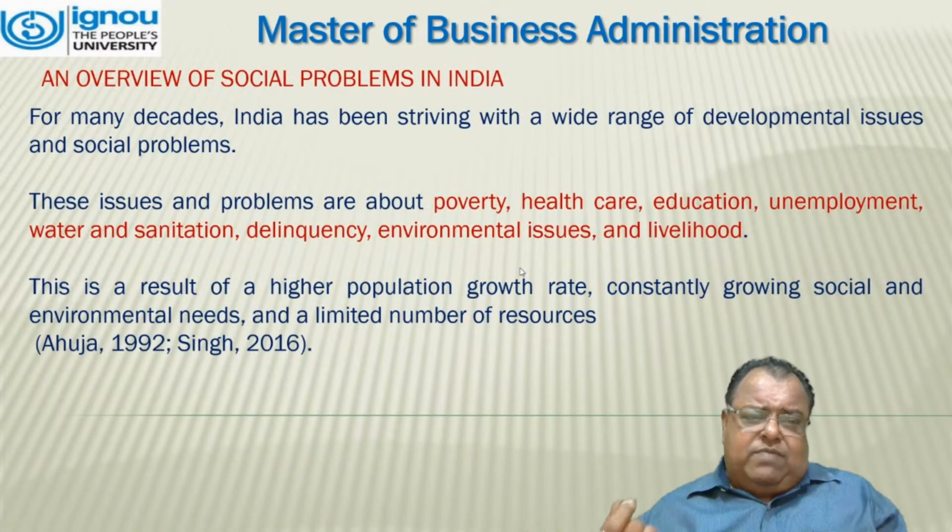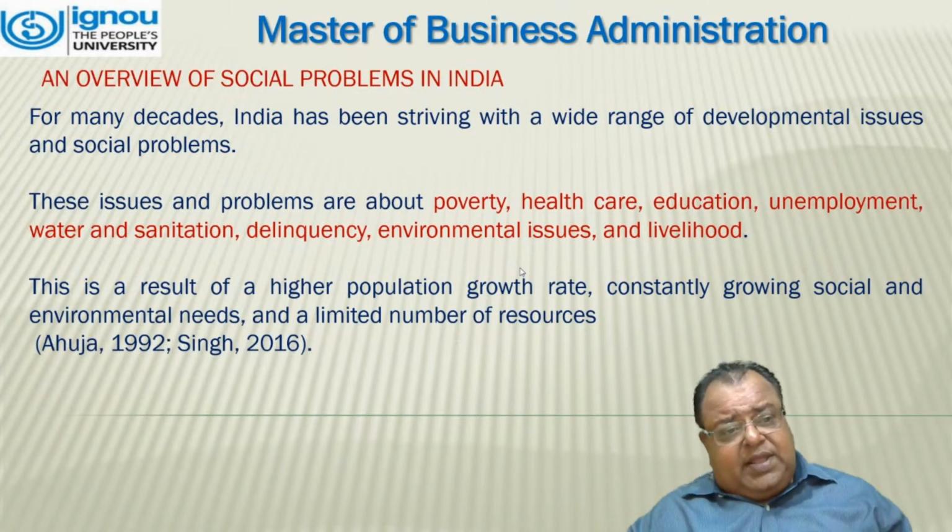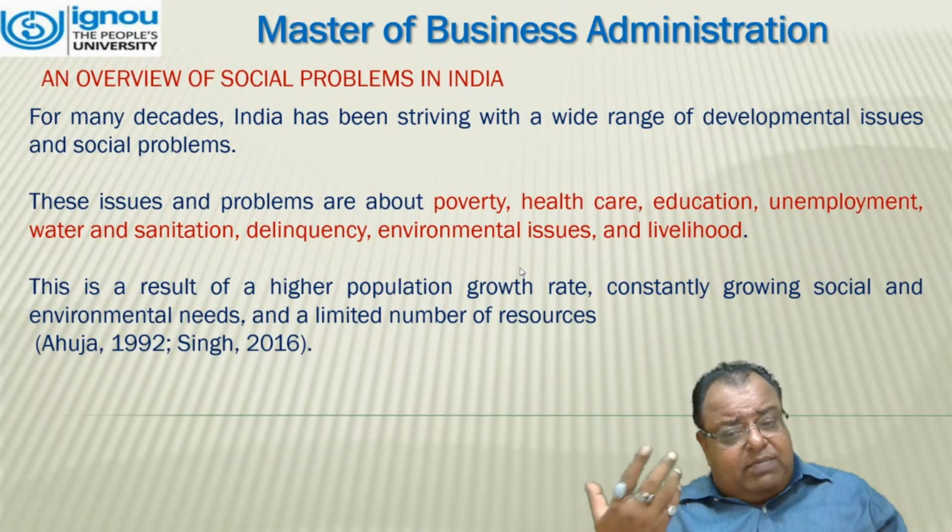Now an overview of social problems. For many decades, India has been struggling with a wide range of developmental issues and social problems. These issues and problems are about poverty, healthcare, education, unemployment, water and sanitation, delinquency, environmental issues, and livelihood.